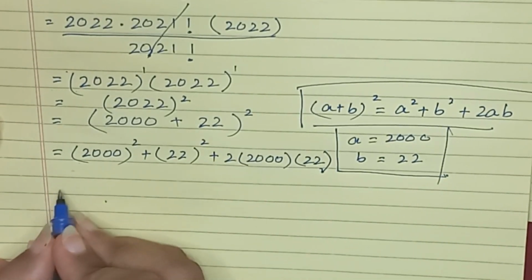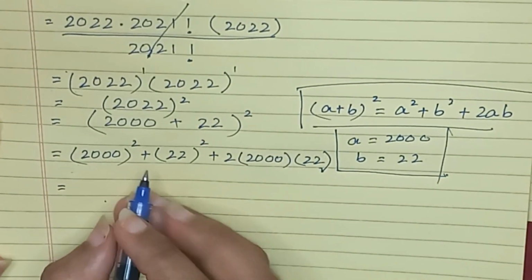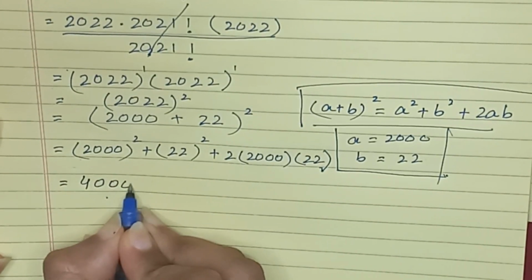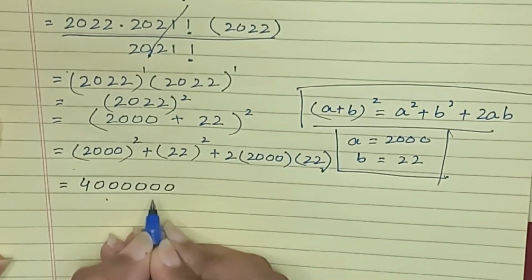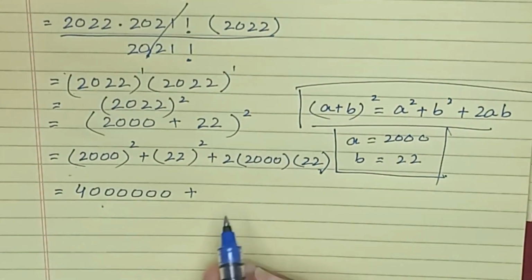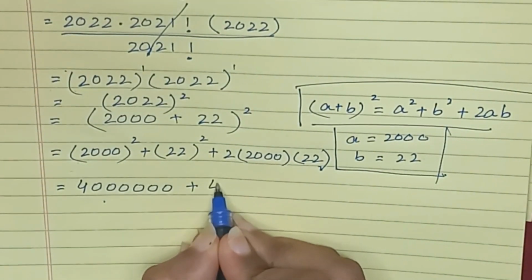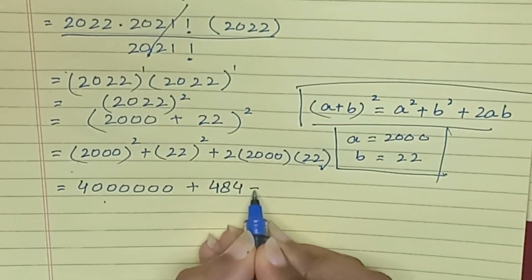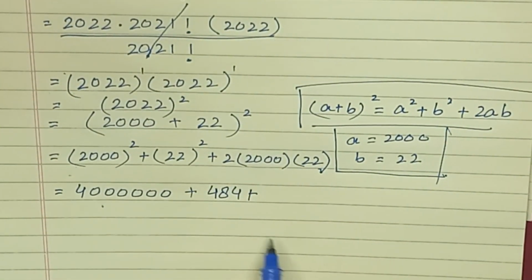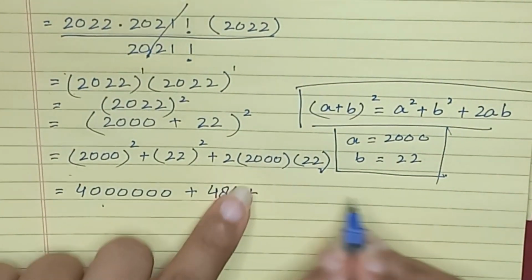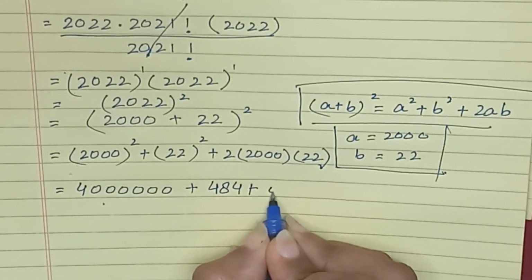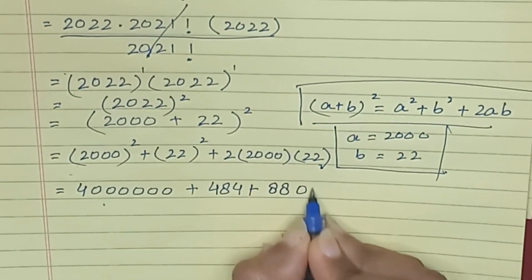So it will be equal to 2000 square, meaning 4000000, plus 22 square, meaning 484, plus 2 times 2000 is 4000, and 4000 multiplied by 22 will be equal to 88,000.